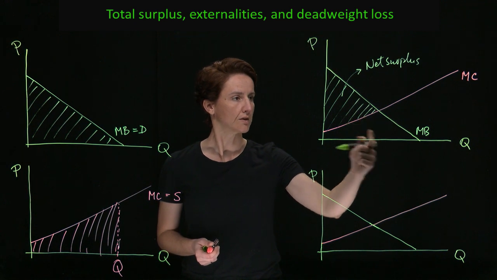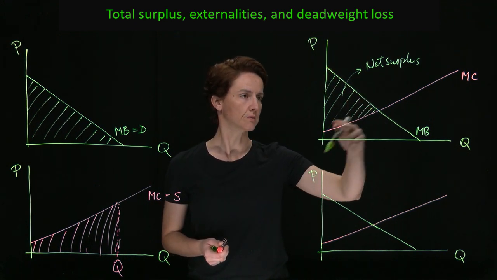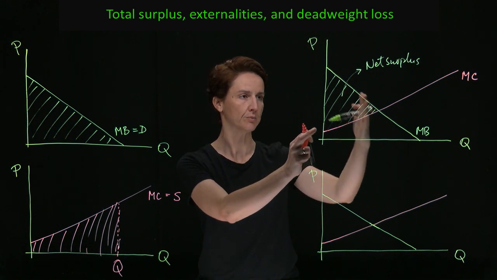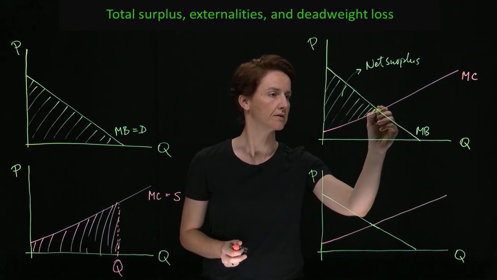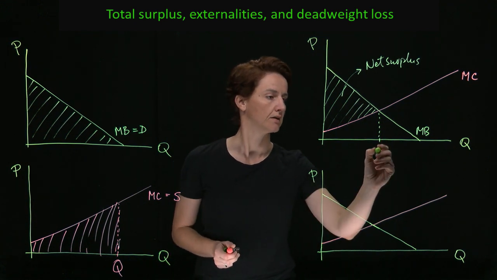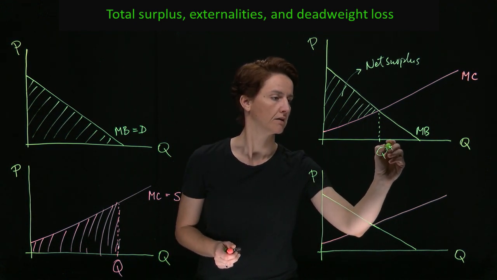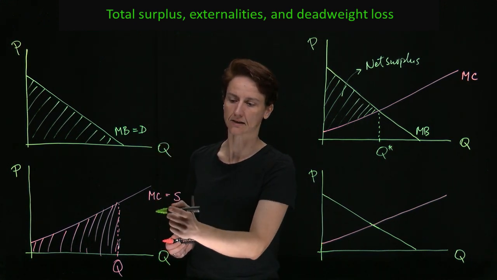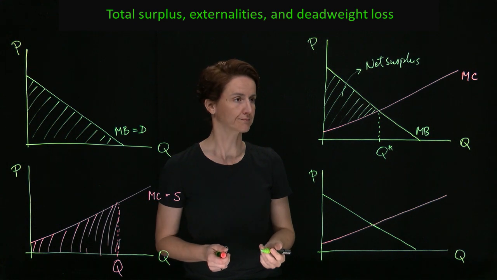So the quantity level where the surplus is maximized, where we're achieving the highest possible level, is where supply and demand intersect, assuming again that both the demand side and the supply side are competitive.